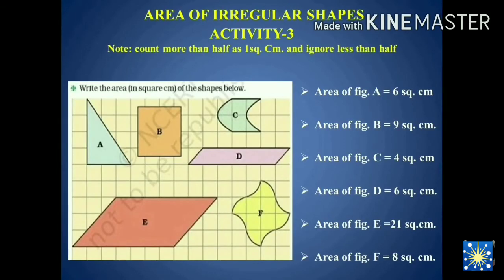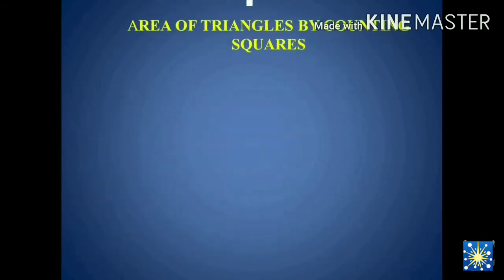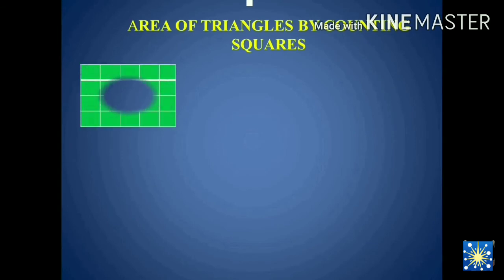Children, our next topic is area of triangles by counting squares. Here we take a rectangle which has squares in it. Each square is of 1 square centimeter.